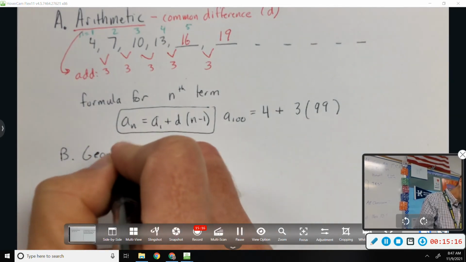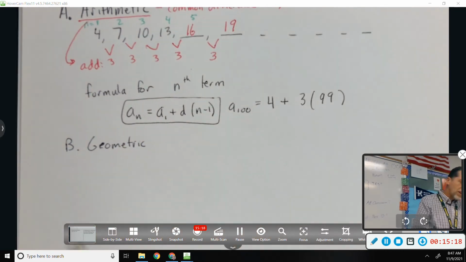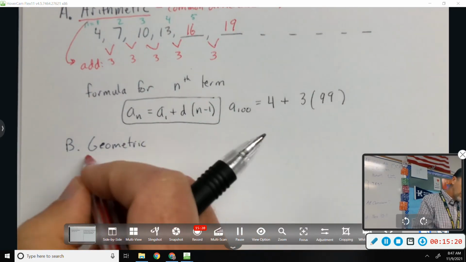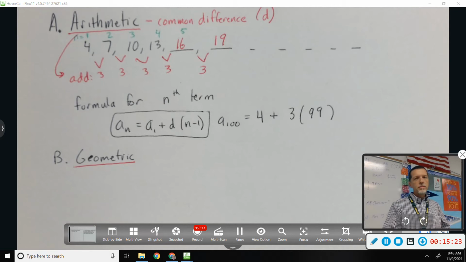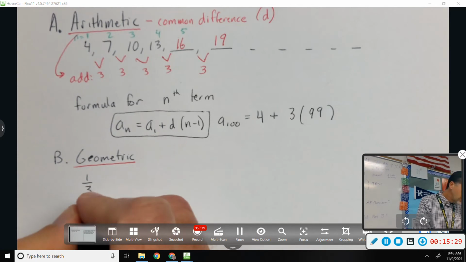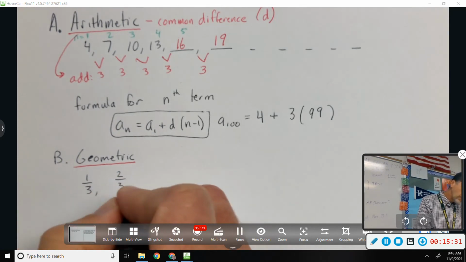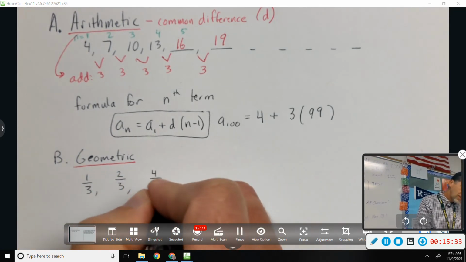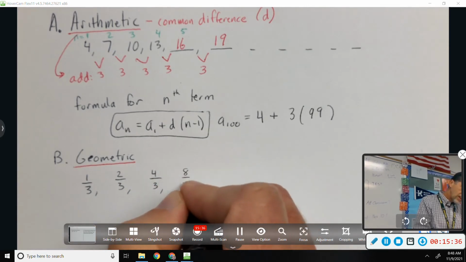The second type is geometric. Well, let's do a little bit harder. See if you can figure out what comes next in this sequence.